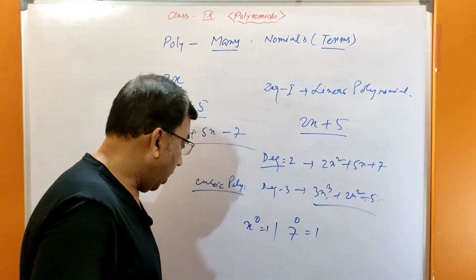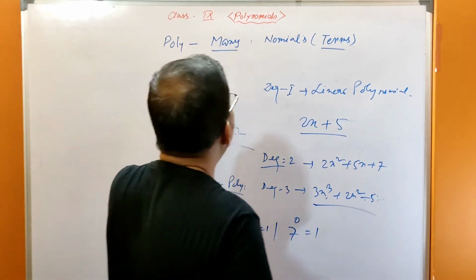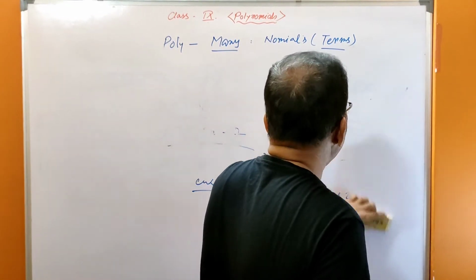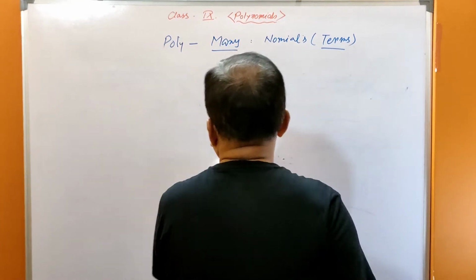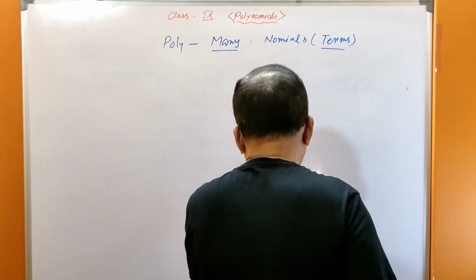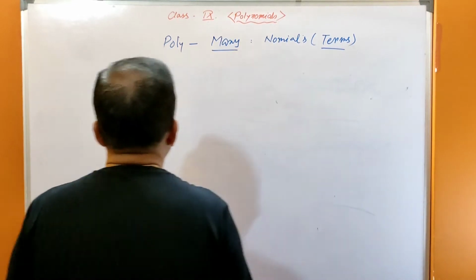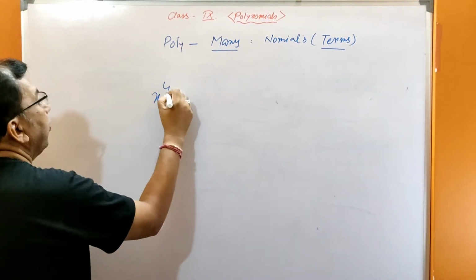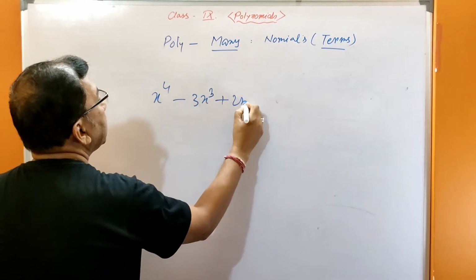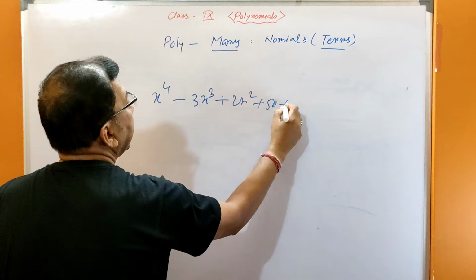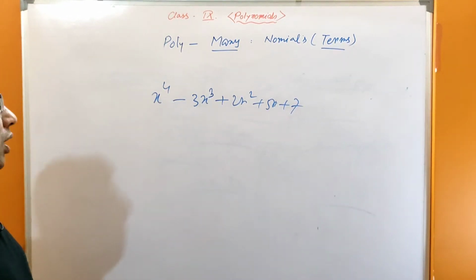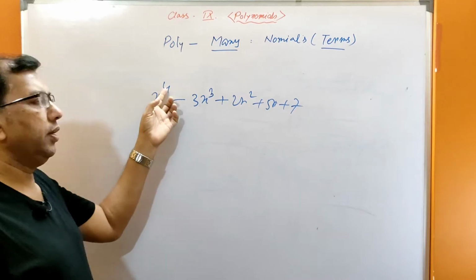Now as a whole, if you want to express a polynomial by constant, variable, degree, coefficient, all these things: x to the power 4 minus 3x cube plus 2x square plus 5x plus 7. This is the polynomial. All of you know this is the power.